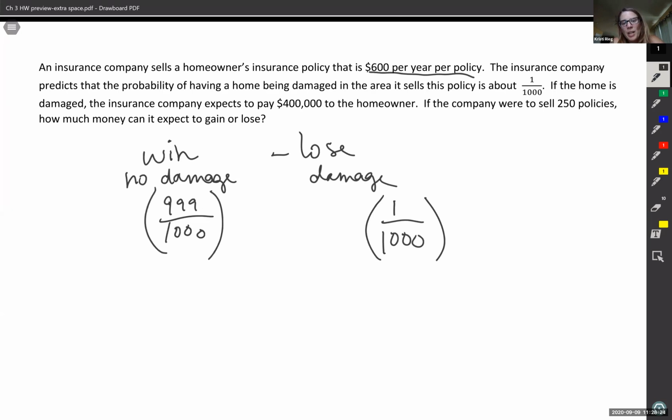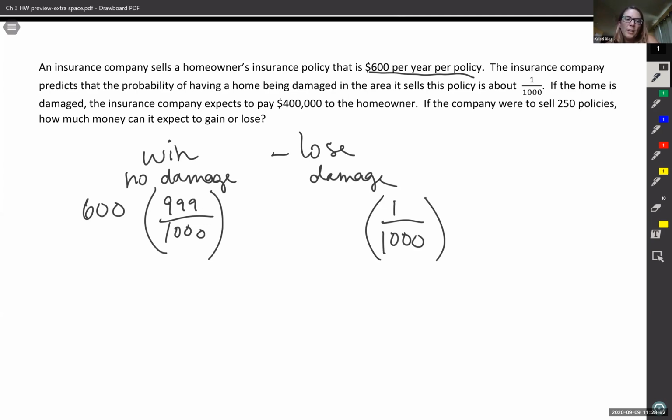Now, how much does the company win or lose in this example if it was damaged or not? I'll worry about the 300 or the 250 in a minute. They get $600 a year. If nothing happens to your house, they get $600. So for 999 out of 1,000 houses, they are collecting that $600 and that's it.